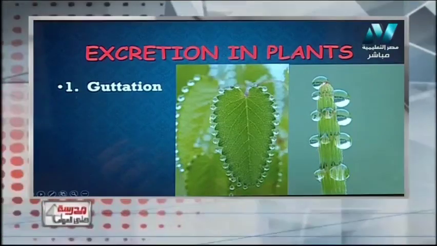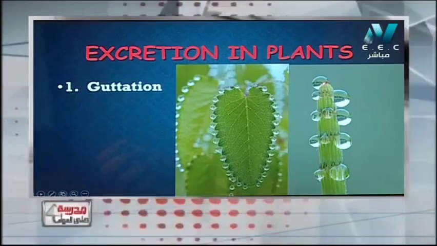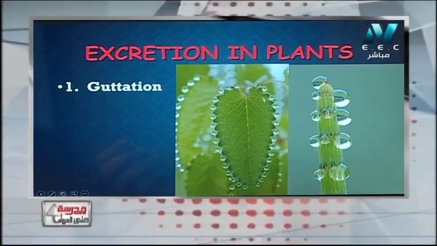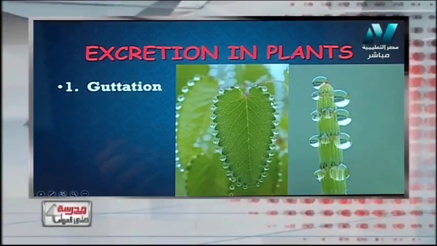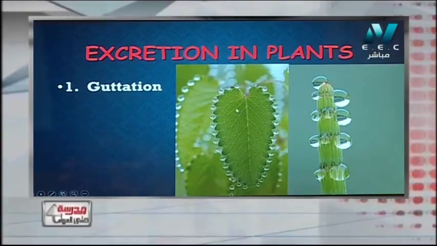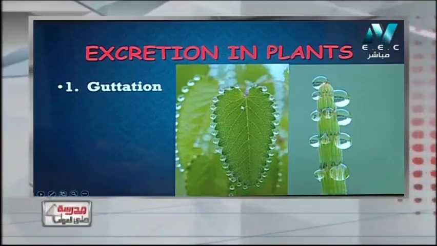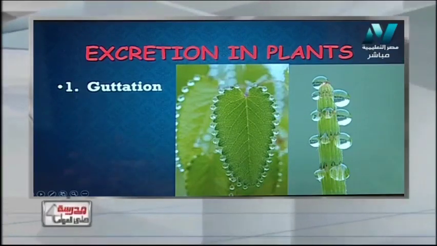And these drops of water can be seen at the edges of the leaves of some plants. What are these plants? These plants are like potatoes and tomatoes. And we can notice them in the early morning in the spring.